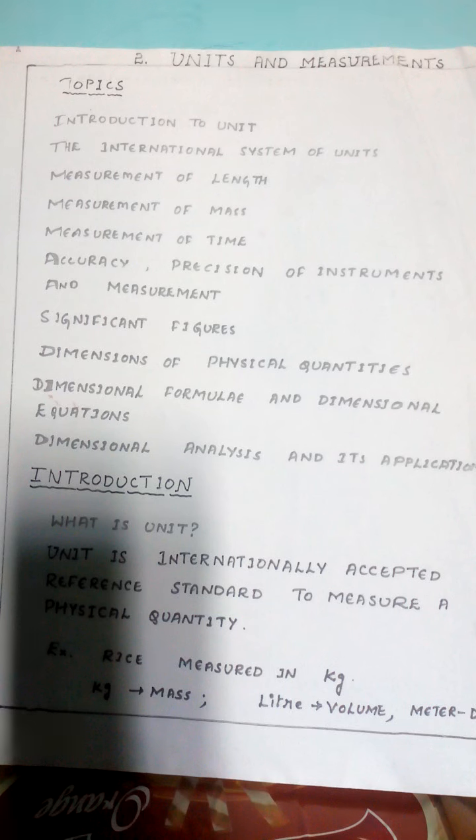Any physical quantity can be measured with a specified unit, and that unit is an internationally accepted reference standard to measure a physical quantity, right? Example, rice measured in kg. So mass can be measured in terms of kg. Volume is measured in terms of liter.